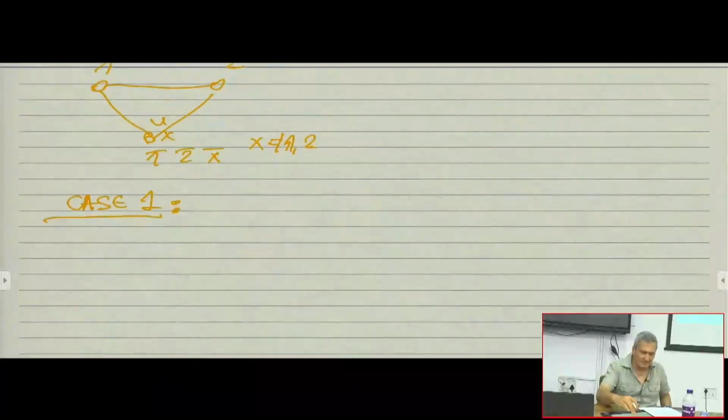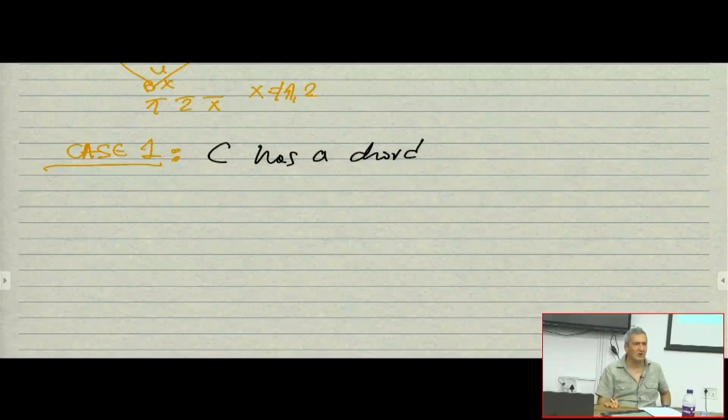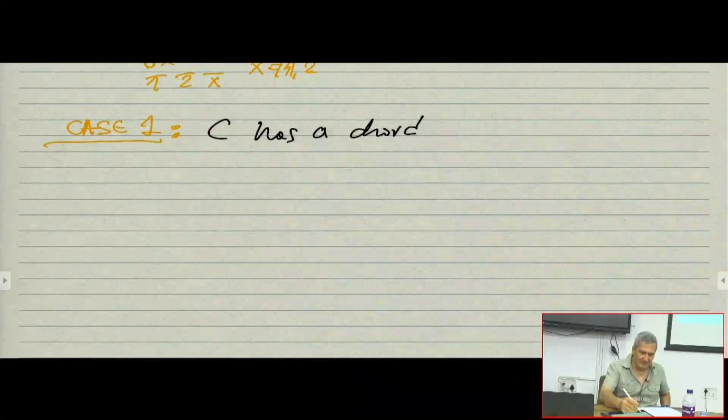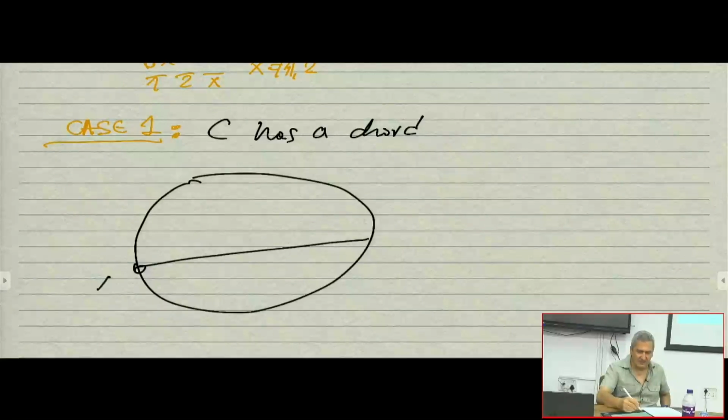First case: C has a chord. Do you know what a chord of a cycle is? A diagonal, yes? So let's say we have a diagonal. This is C, and this is the diagonal, x and y. And here the vertices u and v.